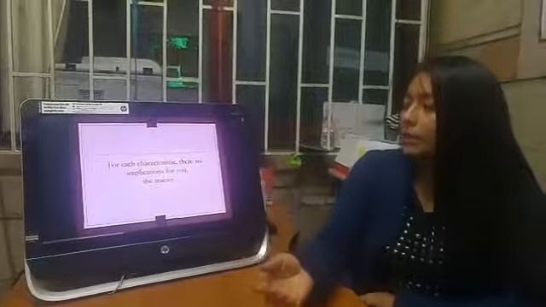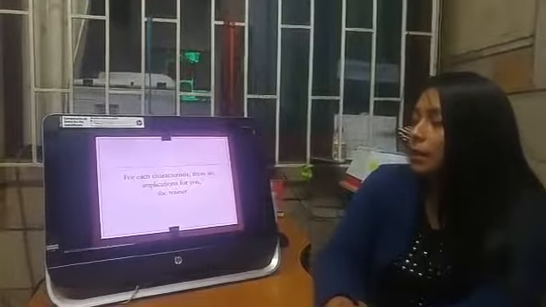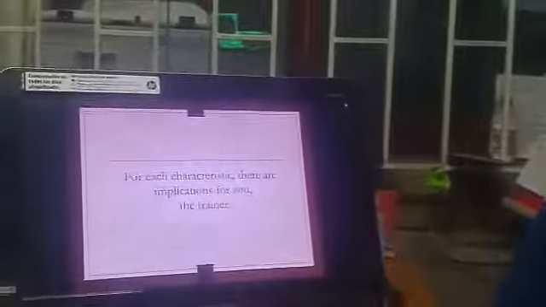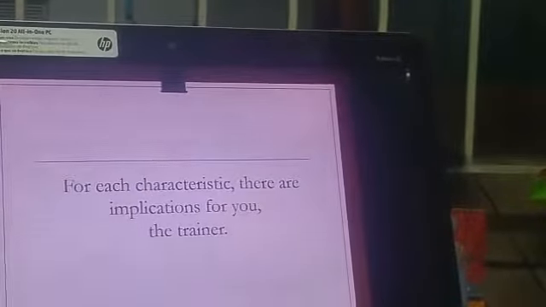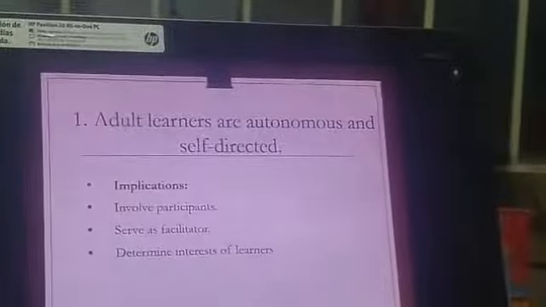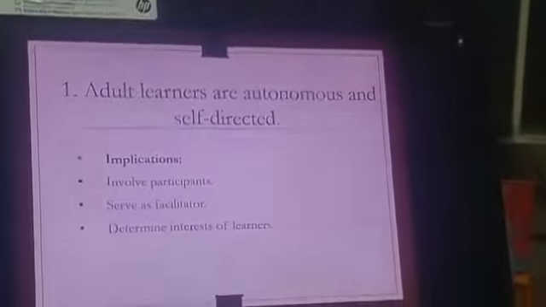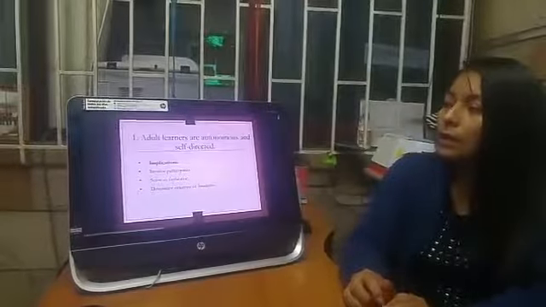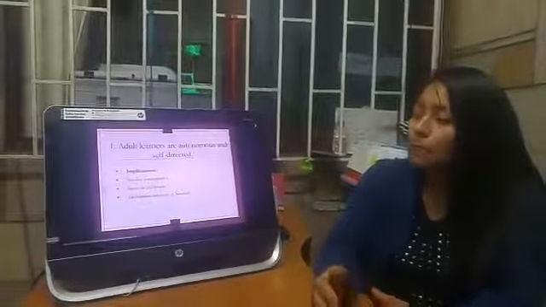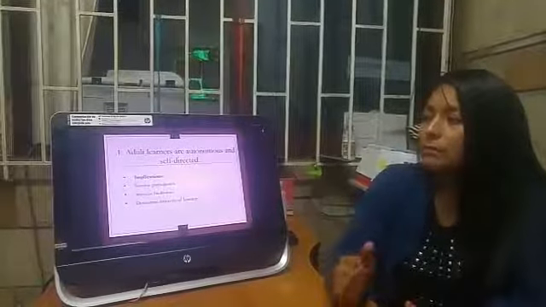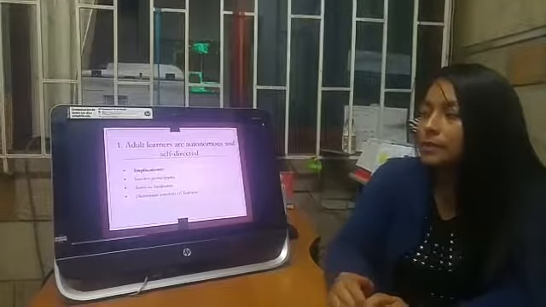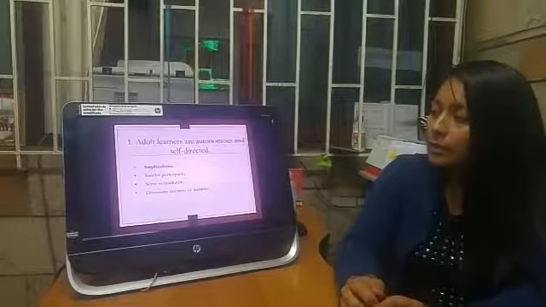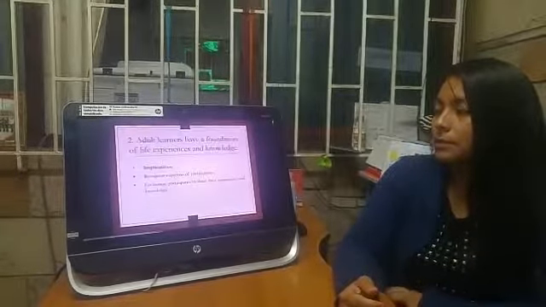For each characteristic, there are implications for you, the trainer, in this case the teacher. Number one, adult learners are autonomous and self-directed. The implication is to involve participants, act as servant and facilitator, and determine the interests of learners.